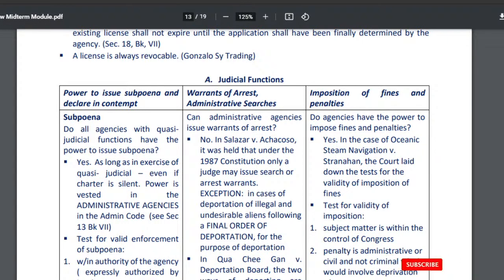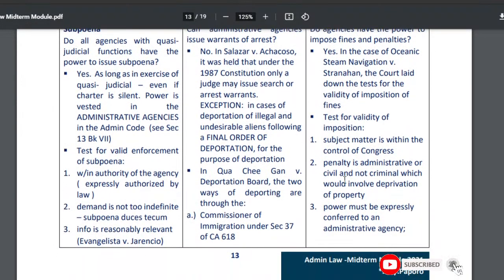Tests for valid enforcement of subpoena are the following. It must be within the authority of the agency. There must be a law expressly authorizing such agency to enforce that subpoena. The demand must not be too indefinite. For example, there's subpoena duces tecum. When you say subpoena duces tecum, this is actually an order ordering you to bring before the tribunal the documents, important documents.